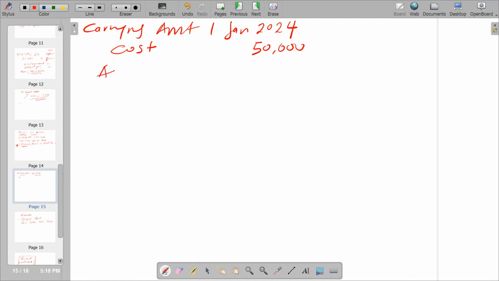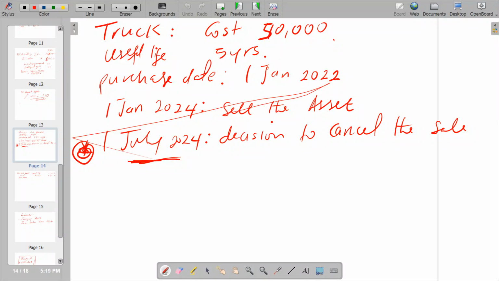So what is our accumulated depreciation? Okay, we bought the asset on 1st January 2022, and now we are on 1st January 2024.